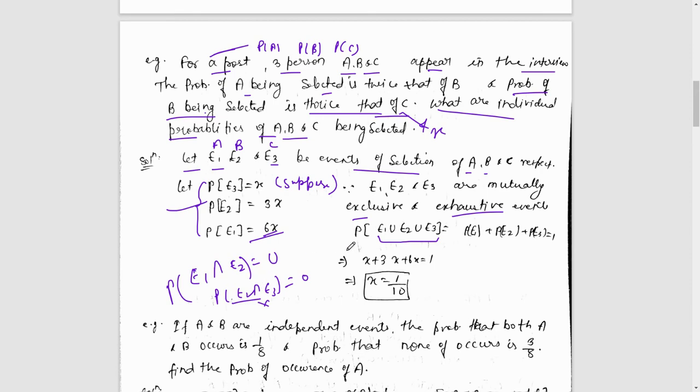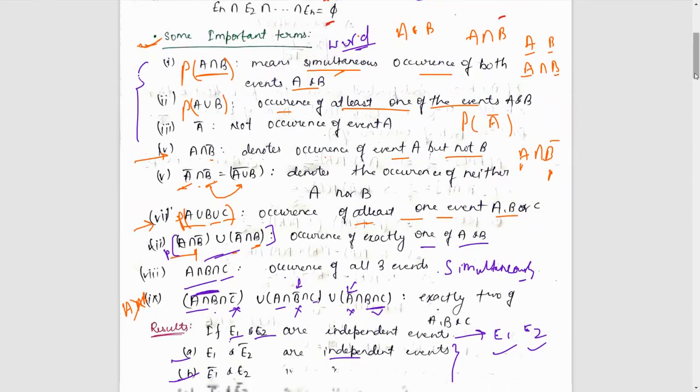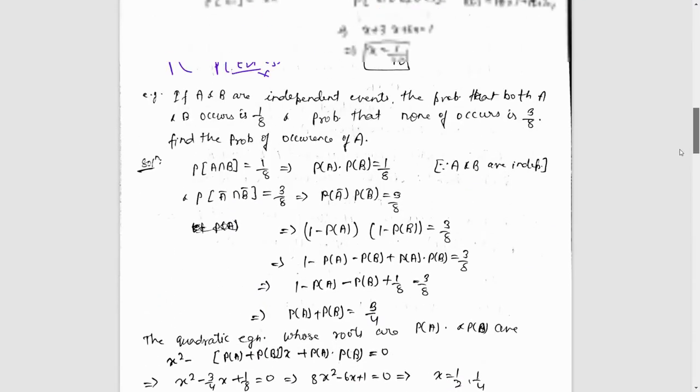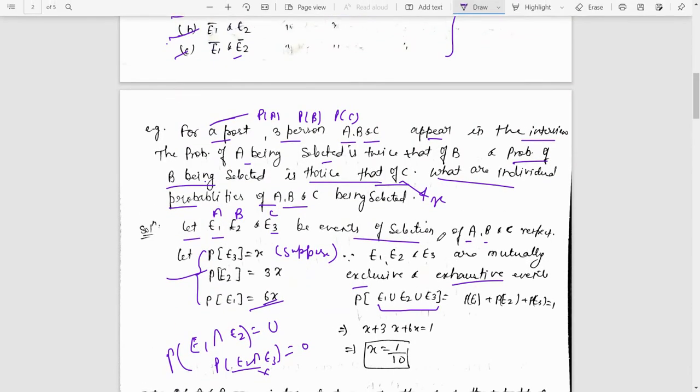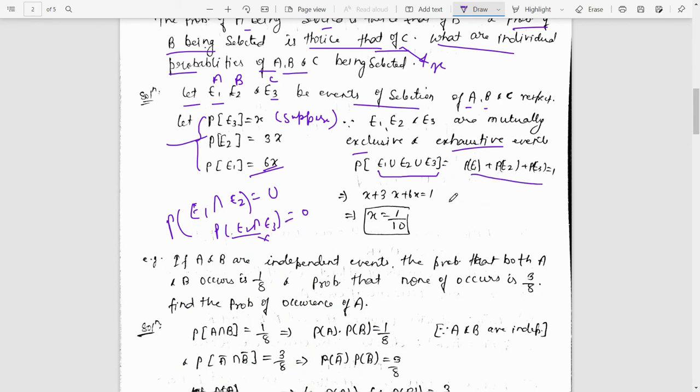Now if you apply the formula for the union of A, B, and C, which we saw in the last class, we have the summation of the individual probabilities, then minus the probability of E1 intersection E2 and all the combinations of this kind, and then at the end plus the probability of E1 intersection E2 intersection E3.